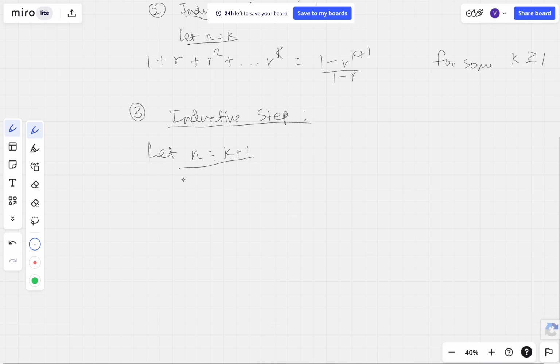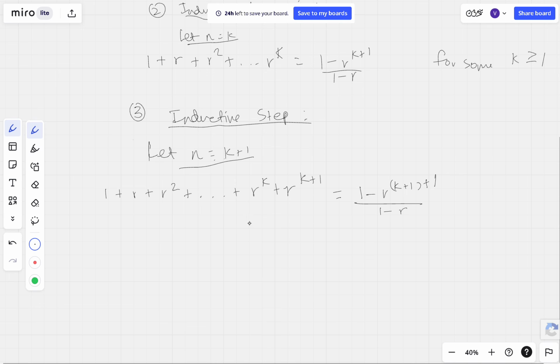So this is essential. It'll be 1 plus r plus r squared, and so on, plus r to the power k. But now because n equals k plus 1, we can add this also. And this would be equal to 1 minus r to the power k plus 1 plus 1, divided by 1 minus r.